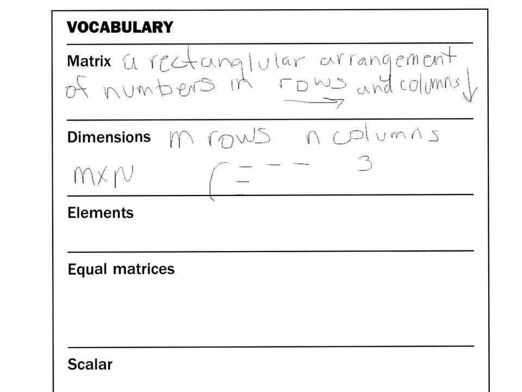So a 3 by 1 would be 3 spaces like this and only one down. Elements. Elements are the numbers in the matrix.